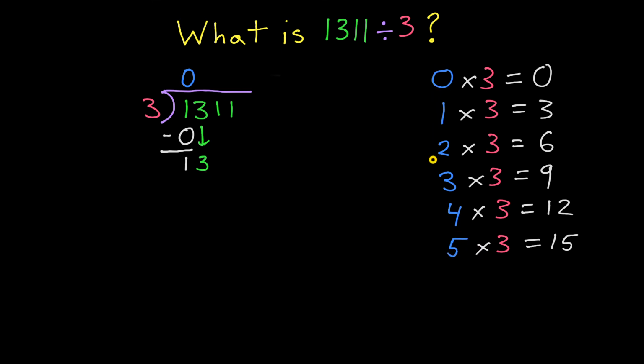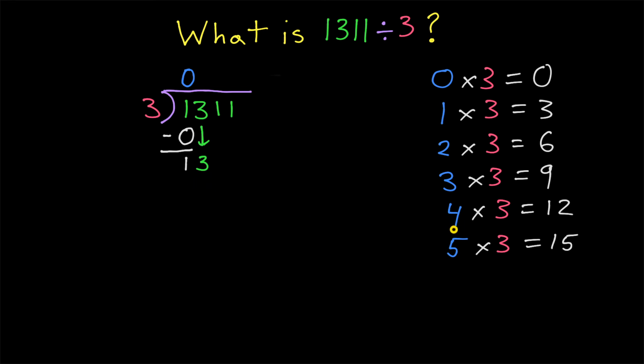So out of all of these candidates, what is the highest number times 3 that gives us a result that is less than or equal to 13? Well, it's clear that that number has to be 4, because even though 3 times 3 gives us a result that is still less than or equal to 13, 3 is not the highest number times 3 that gives us a result that is less than or equal to 13.